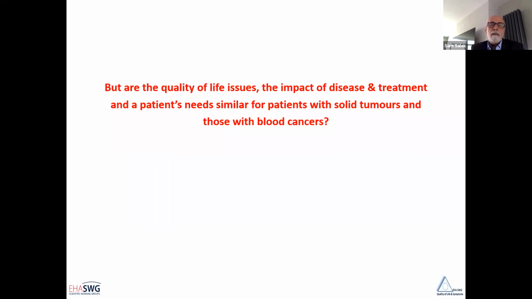So the question we asked ourselves: are the quality of life issues, the impact of disease and treatment, and the patient needs similar for patients with solid tumor and those with blood cancer? In order to answer that question, we wanted to do a literature survey, but what is usually evidence-based in terms of looking at the literature is referred to as systematic review.